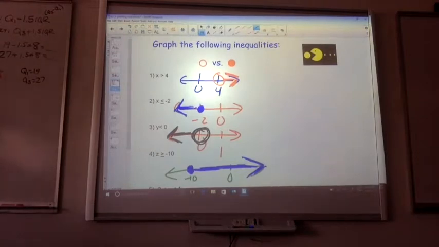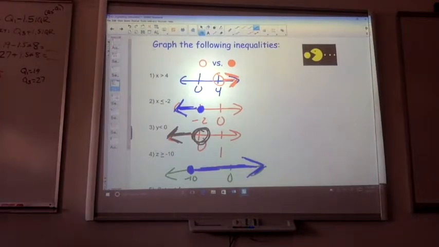How we feel? Yeah. So let's just say if it's greater than -10, you would have an open dot at the -10. Shade the same way. Cool.